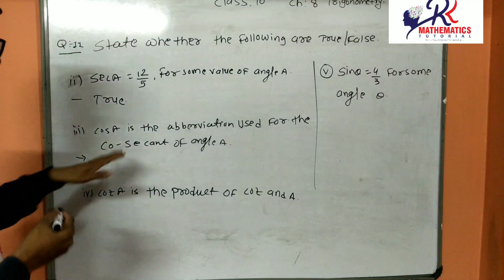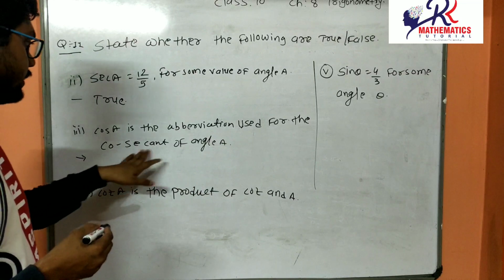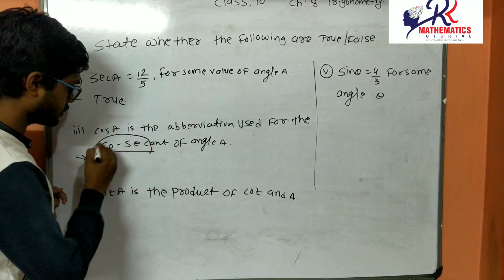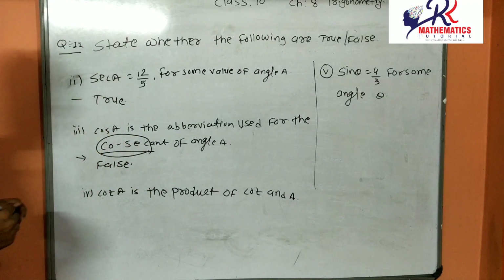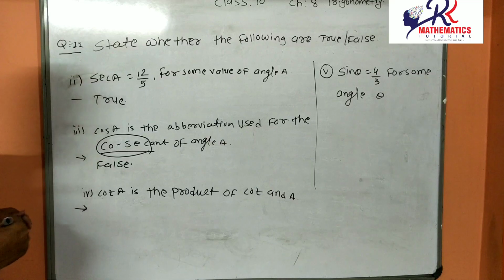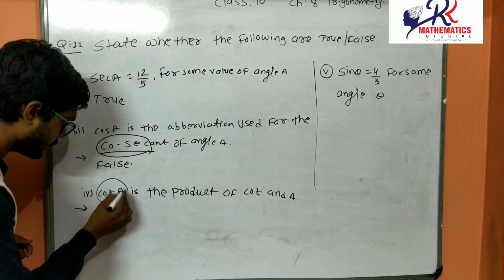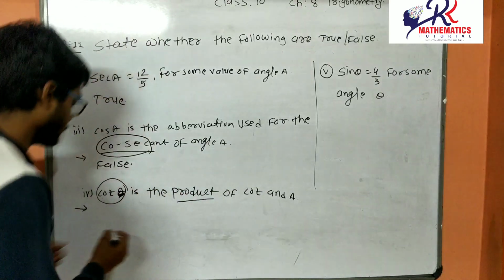Now, cos A is the abbreviation used for the cosecant of an angle A. We know for cosecant we use cosec, so the statement is false. Now the fourth one, cot A is the product of cot and A. Here cot A means A indicates the value of the angle, so it is not a product, so it is false.